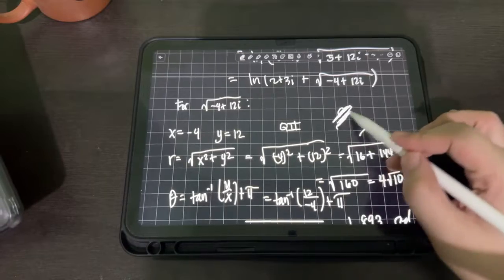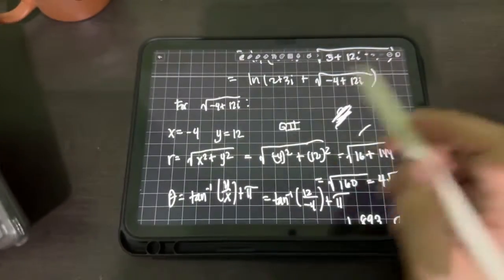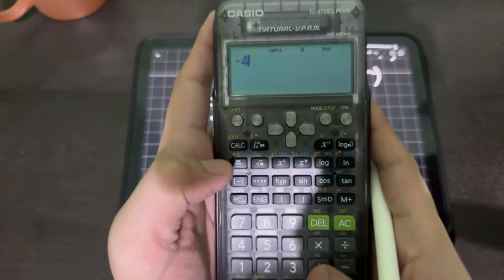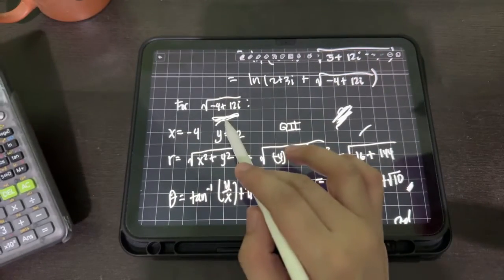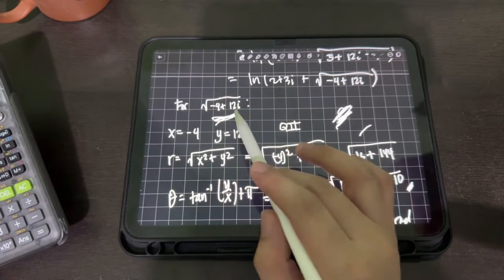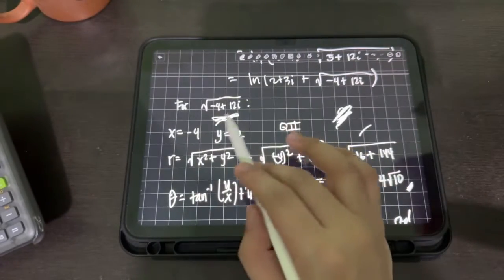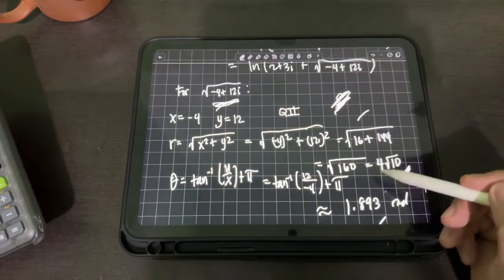By the way, I haven't shown you even in this step, you can also convert a complex number using your calculator. Just input, for example, -4 plus 12i. You can convert a complex number in rectangular form to polar form using your calculator. Let us check if we will get the same answer.